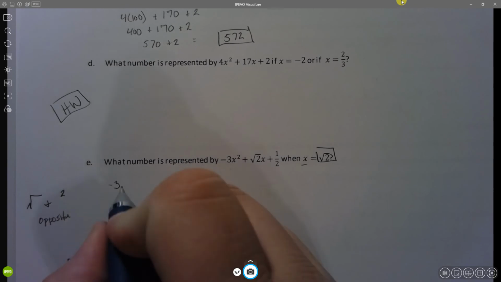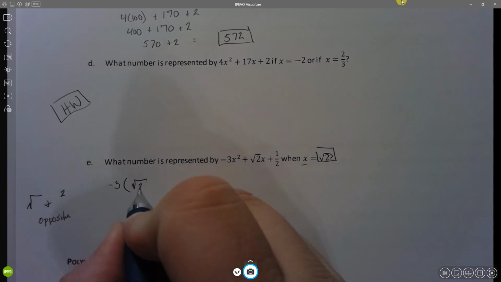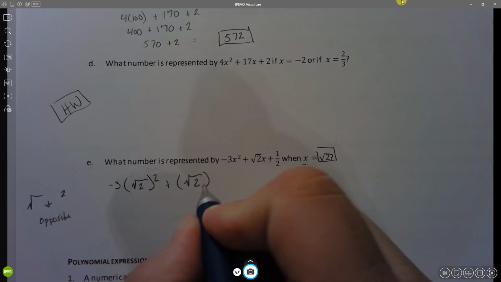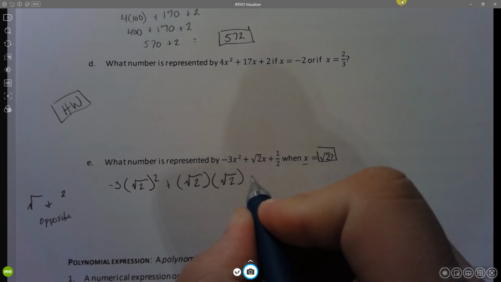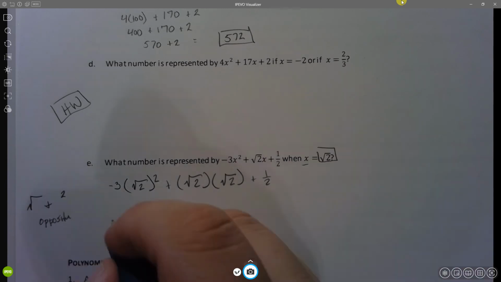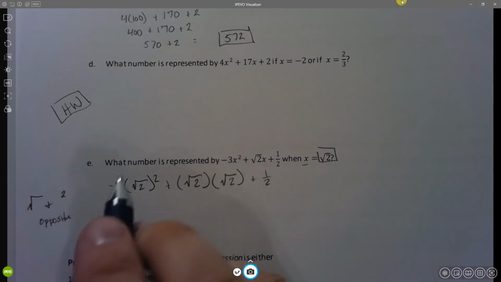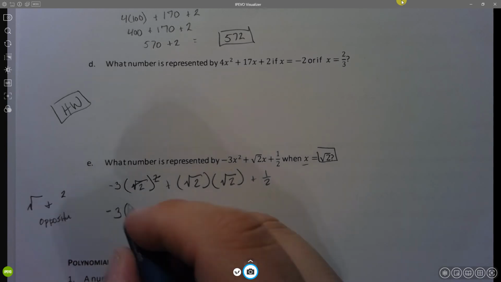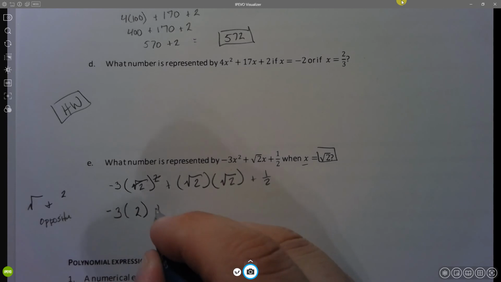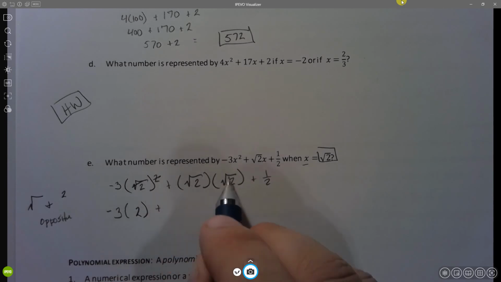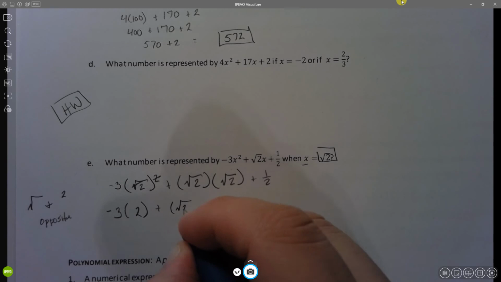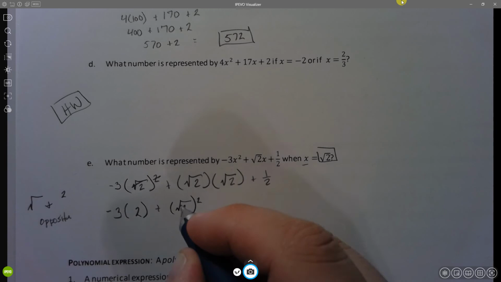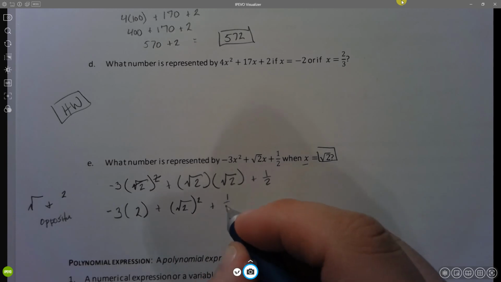So I got a negative 3 times the square root of 2 squared plus the square root of 2 times the square root of 2 plus 1/2. Okay, so now I got a negative 3 times the square root of 2 squared. Remember what I said, the square root and the square would cancel each other out, leaving just a 2. Plus, now, square root of 2 times the square root of 2 is the same as saying the square root of 2 squared, and we know squares and square roots cancel each other out, so we'll get back to that later on, plus 1/2.